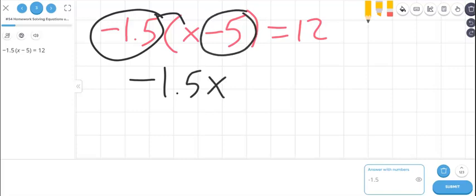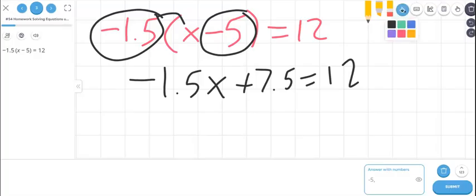And negative 1.5 times negative 5. Let's see, negative 1.5 times negative 5 is positive 7.5 equals 12. Then what we have to do is get the variable term all by itself.